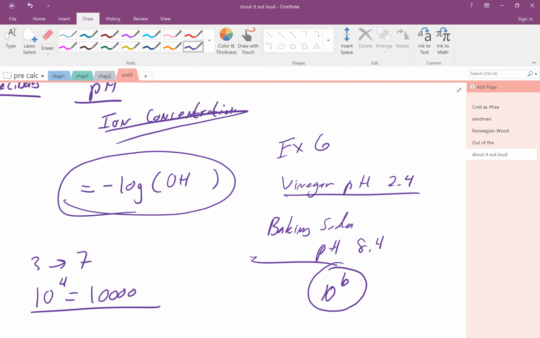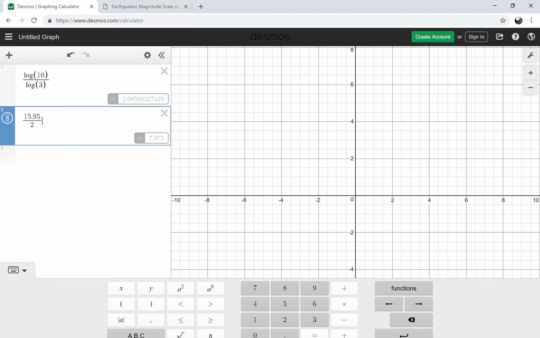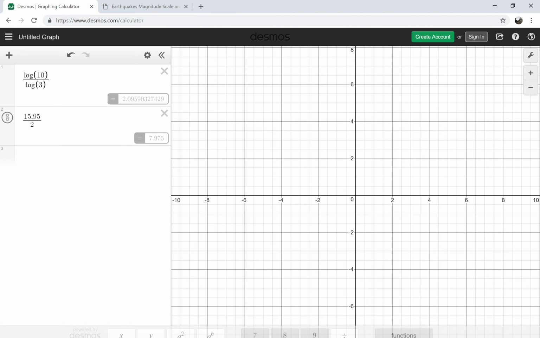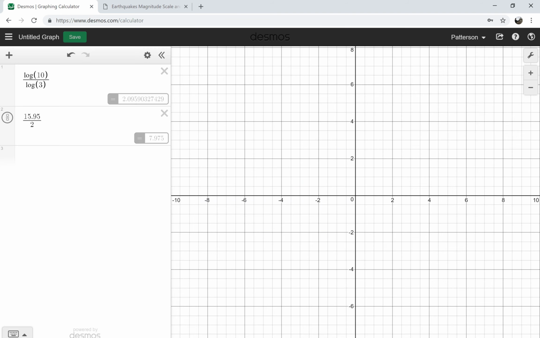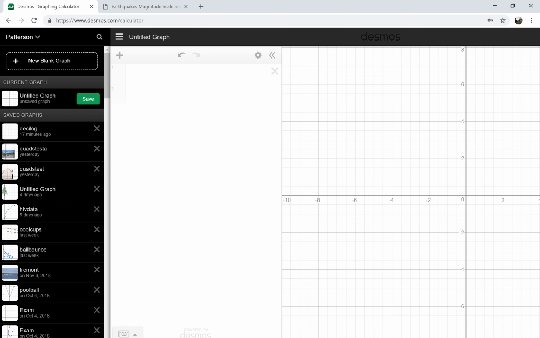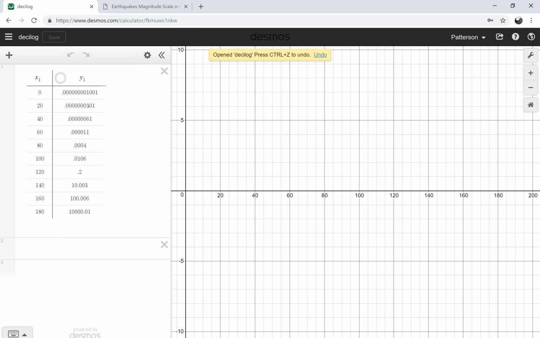Now, one other thing that does come up in some science classes, so I want to go into Desmos and just log into my account. You should know what that is by now. We're going to look for a graph called decilog right there. And here it is.